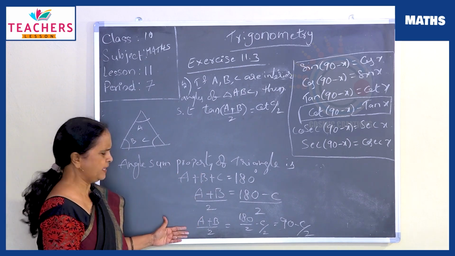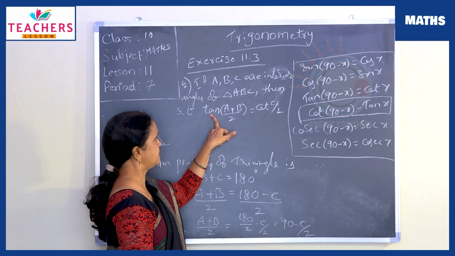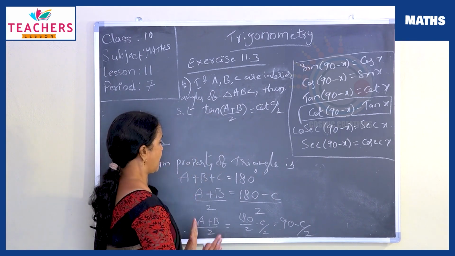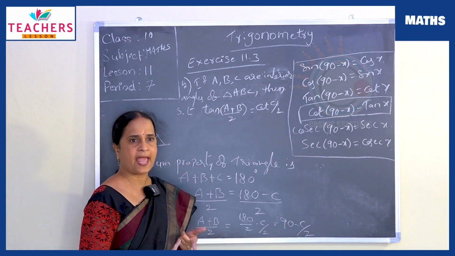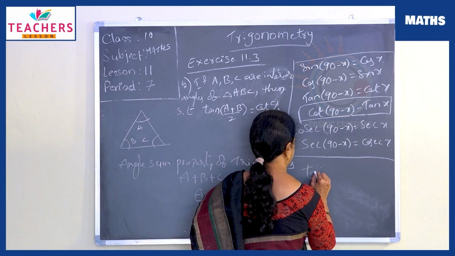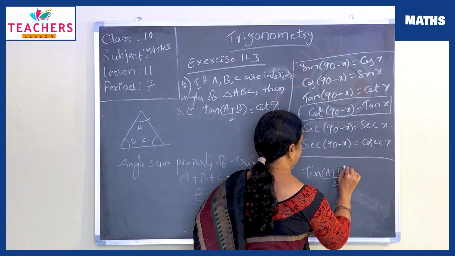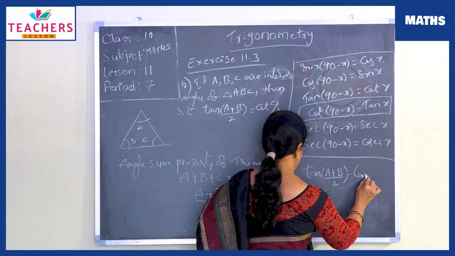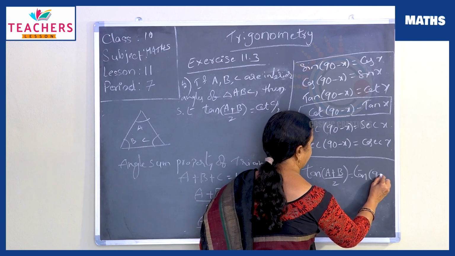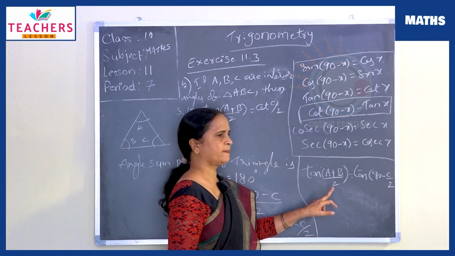Have you understood so far? Yes. But what was asked? Tan. On both sides we have to apply the tan ratio. Now tan of (A plus B) by 2 is equal to tan of (90 minus C by 2).